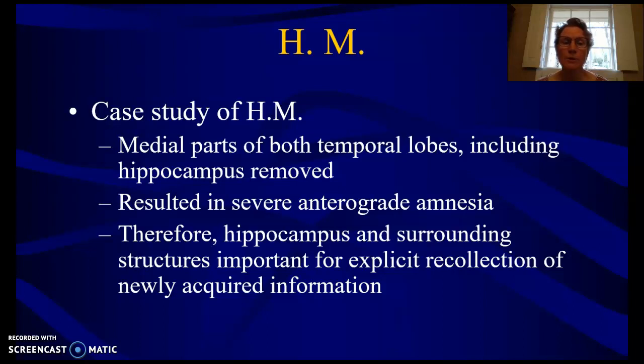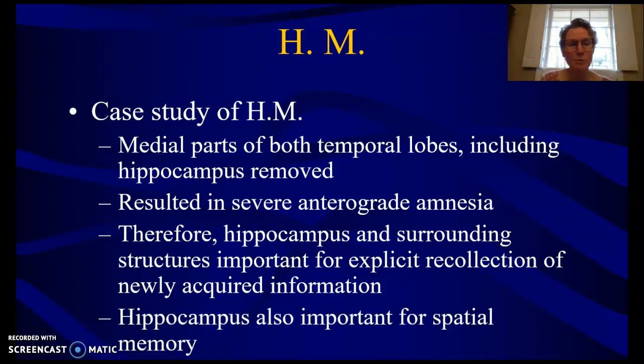So after this case, we learned that the hippocampus and some of the surrounding structures are really important for explicit recollection of newly acquired information. He could not learn new information. But there was a type of memory that this wasn't true for.